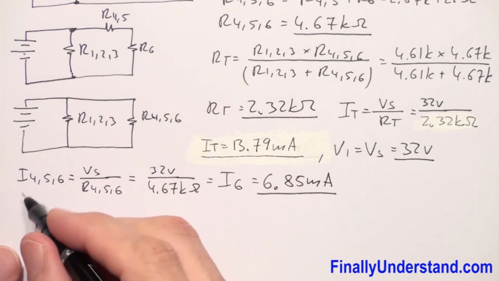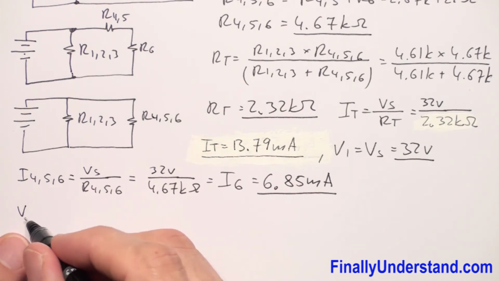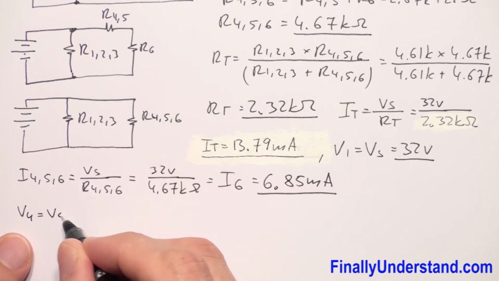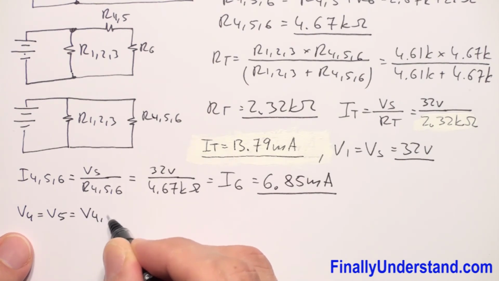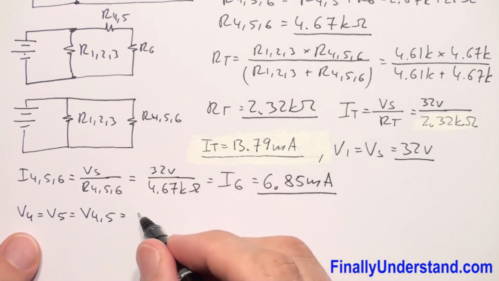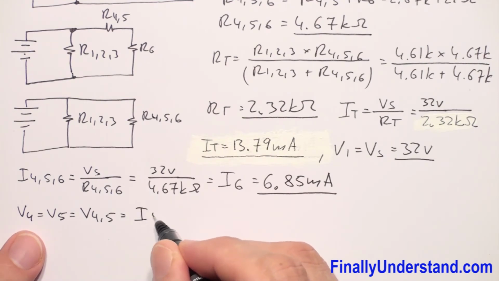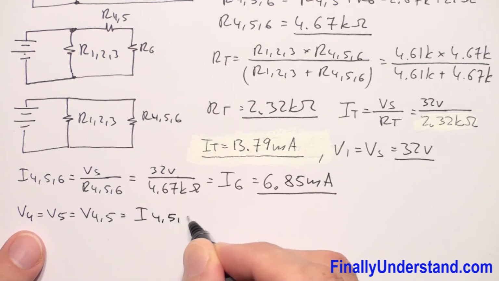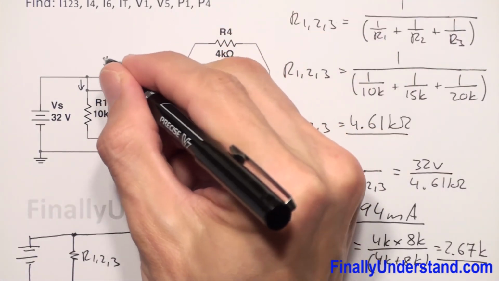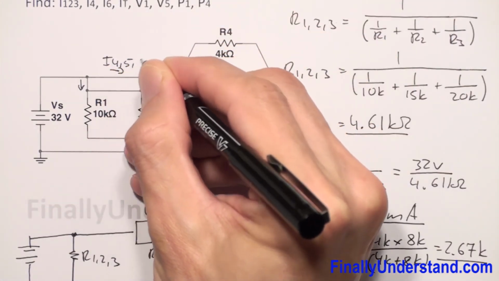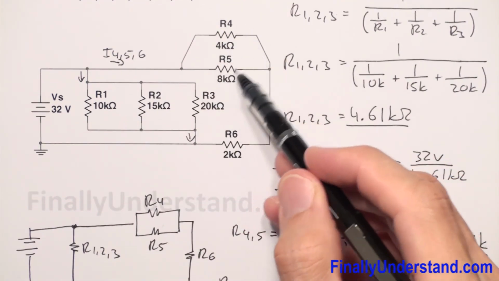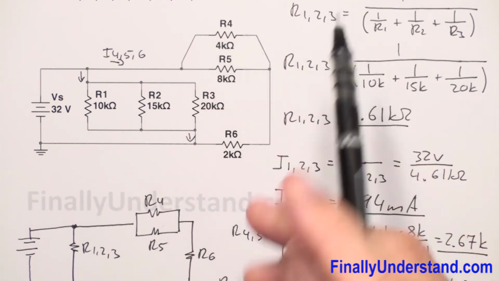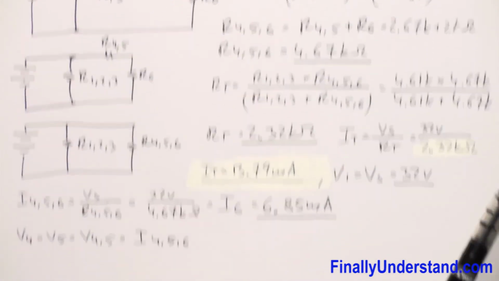So simply write V4 is equal to V5, and this is equal to V45, and this is nothing else but I456 times the equivalent resistance of these two, which gives me the voltage across these two resistors.